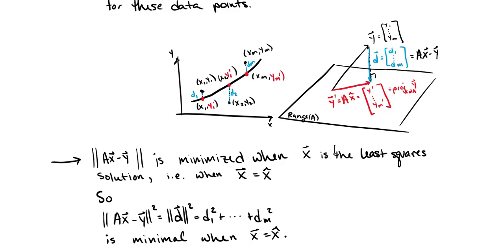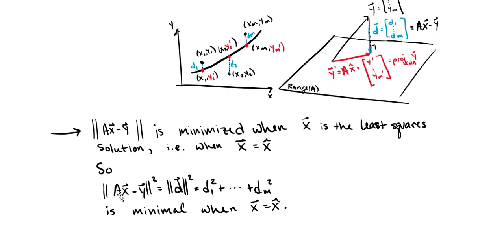So we can say that the norm of this blue vector, Ax minus y, is as small as possible when x is the least squares solution. Which really means when we plug in x equals x hat into that norm, the norm squared would just be the norm of this D vector, because D is exactly that difference.